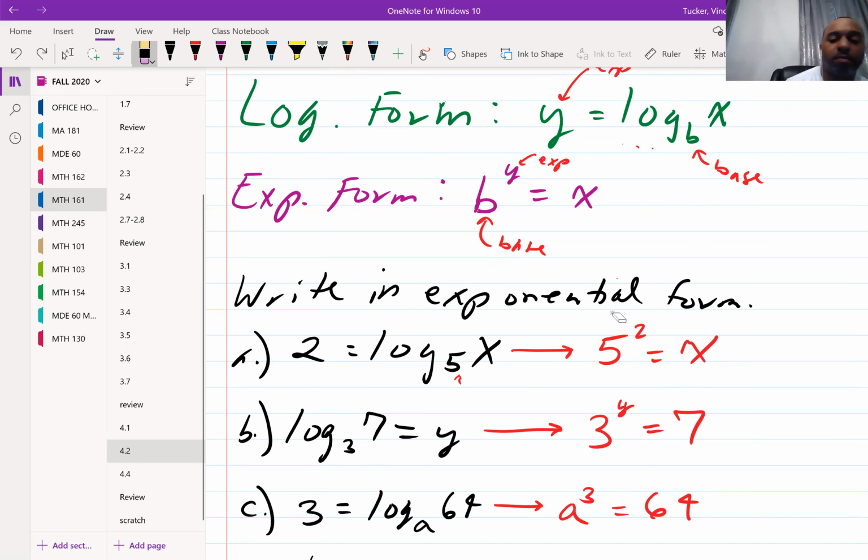A is your base, 3 would be your exponent, and then 64 is the other number on the other side. Any questions?